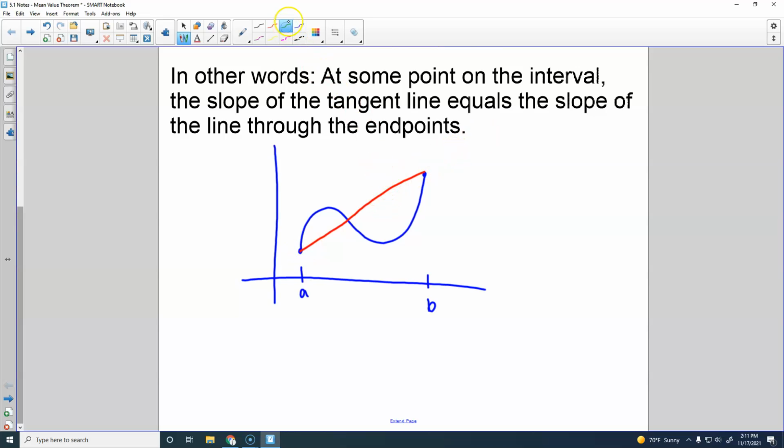And so, there has to be at least 1 point. In this particular case, there's more than 1 point. There's got to be at least 1 point where the slope of the tangent is parallel. In this particular case, it looks like there's probably 2, which would be around those spots right there. But there has to be at least 1.